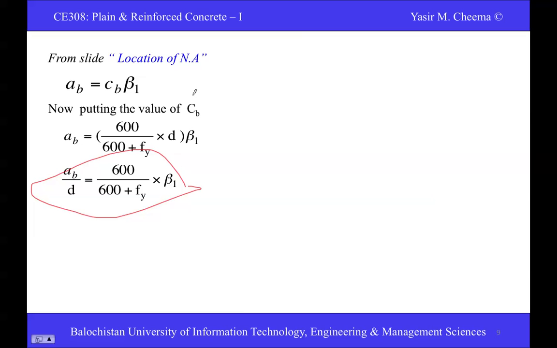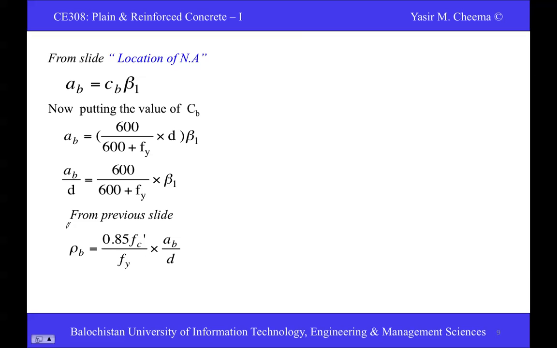Second, from the previous slide again, we find the value of rho b somewhere. You remember this one? Yes, we find this value.